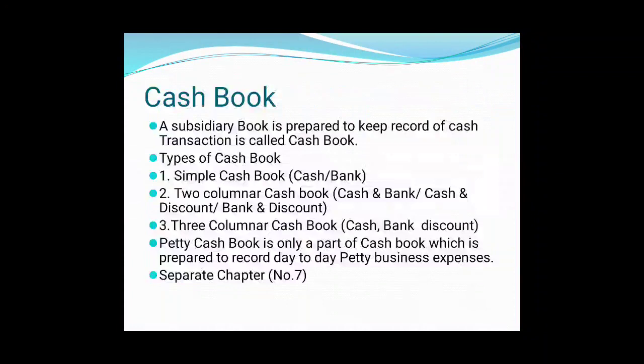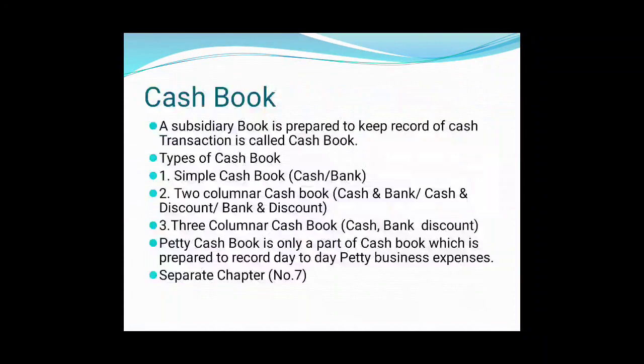In a two columnar cash book there are two columns for amount. These two columns can be cash and bank, or maybe cash and discount, or maybe bank and discount. In a three columnar cash book, we have all three columns of amount: bank, cash and discount.